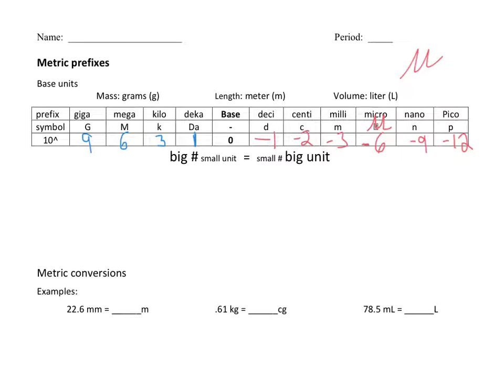So let's say we're talking about $1 versus a cent. So which of those is the big unit, which is the small unit? So dollar versus cent, $1 is the bigger unit, the cent is the smaller unit. So I'm going to write cent here, and I'm going to write dollar here. So you know the relationship between them is 1 versus 100.